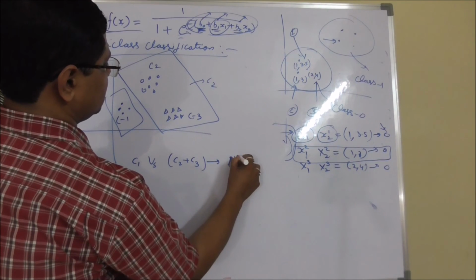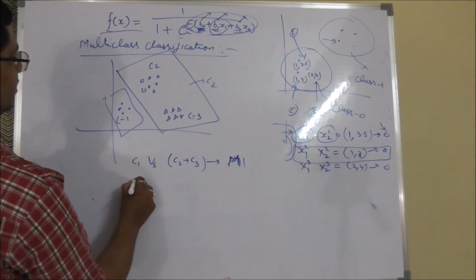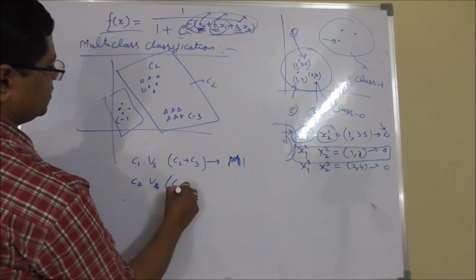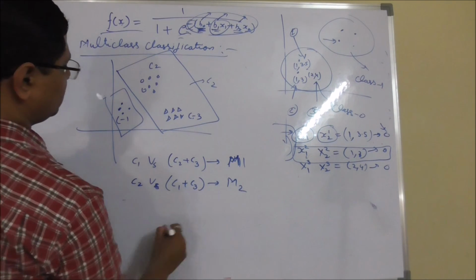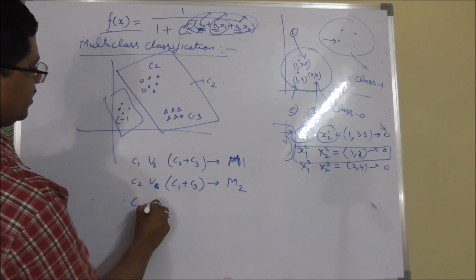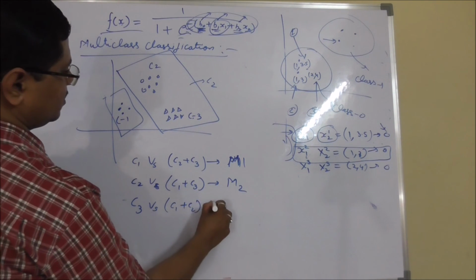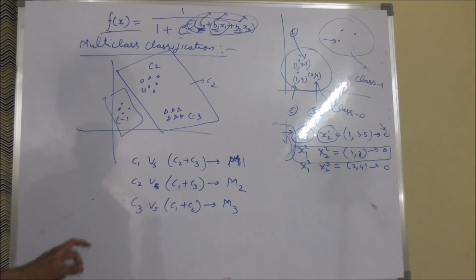After learning, this will result in model M1. When we take C2 versus C1 plus C3, it will be like model 2. We can design another, C3 versus C1 plus C2, then it will be like model 3.